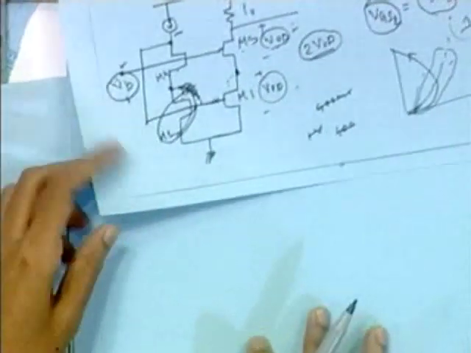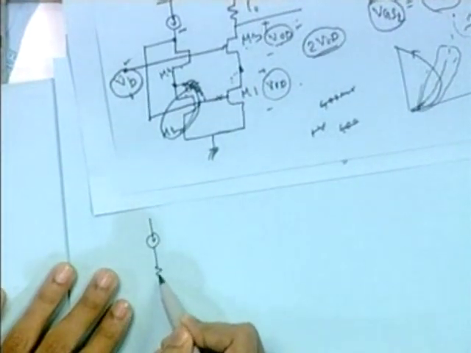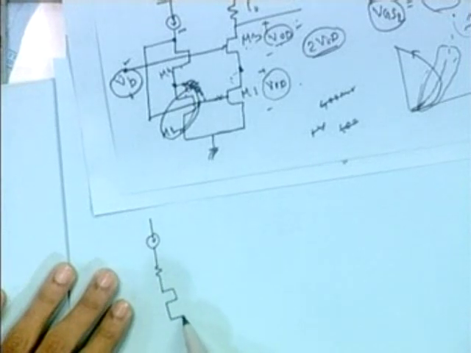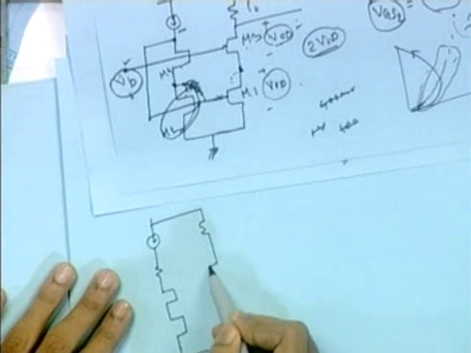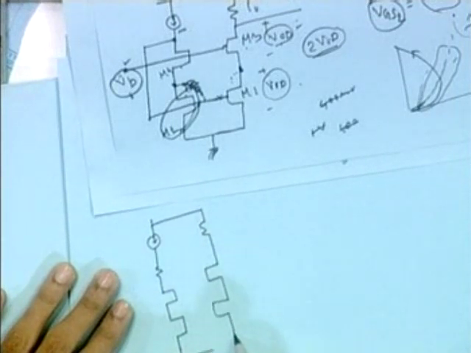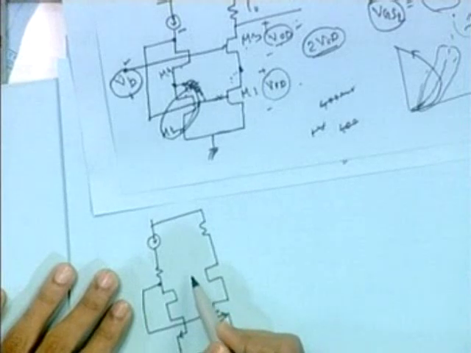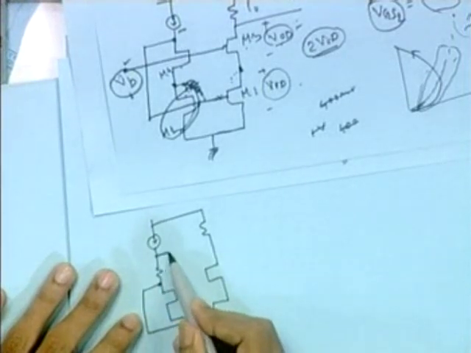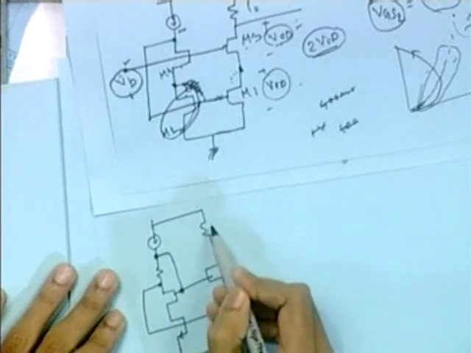Actually, this VV is generated in this way. They use a resistance, and we'll be connecting this here.